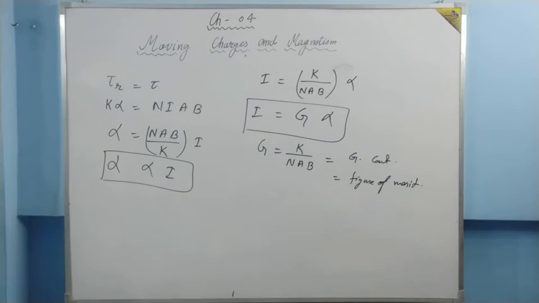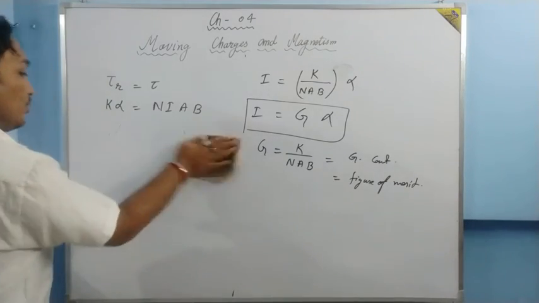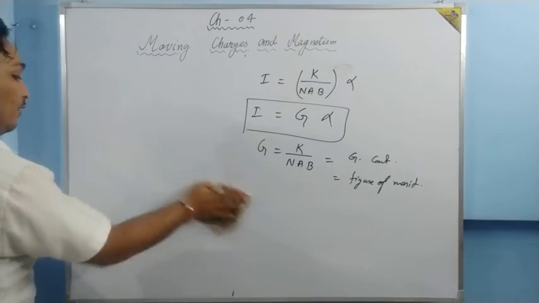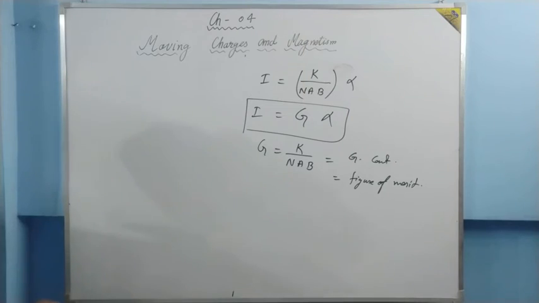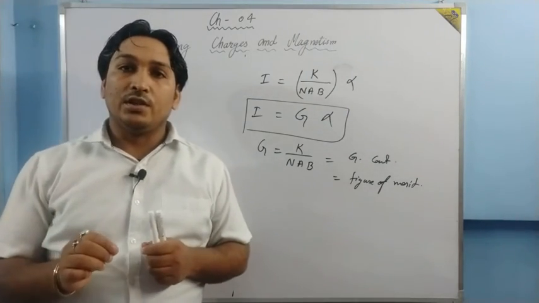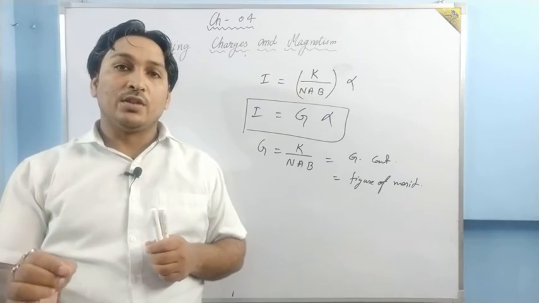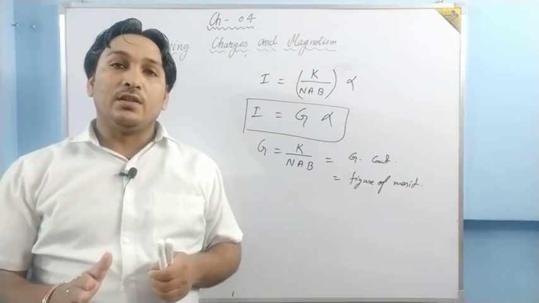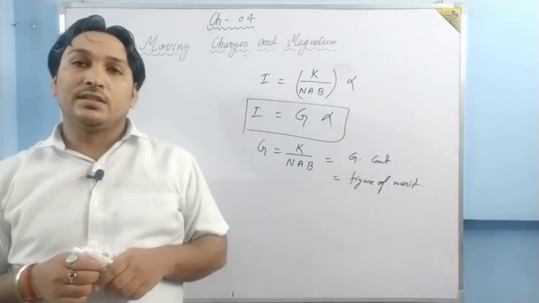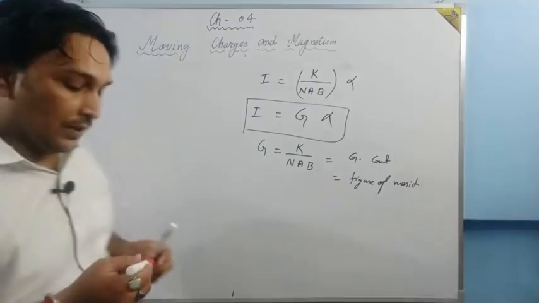Besides this, there are two definitions. One is, what is the sensitivity of a galvanometer? Sensitivity means that for a small change in current, the galvanometer shows a large deflection, and then we say that this galvanometer is sensitive. There are two kinds of sensitivity.